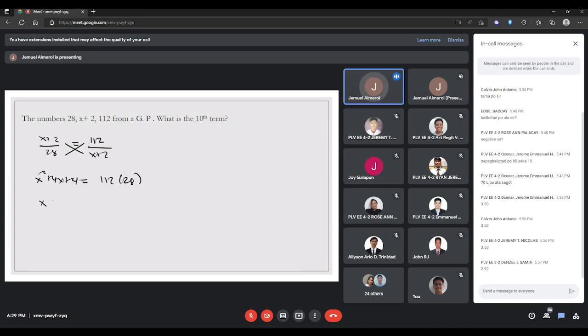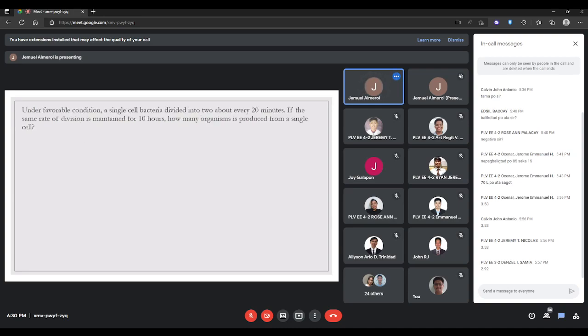So x squared plus 4x plus 4, what is 112 times 28? 3,136. X squared plus 4x minus 3,132 equal to 0.